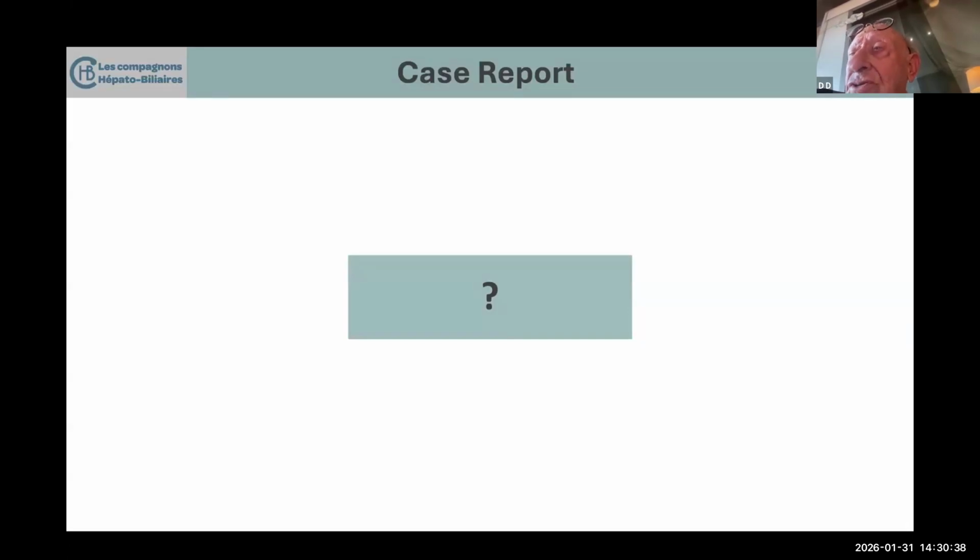Is jejunal, the ileal carcinoid tumor with liver metastasis. This is what you think? Yes. Plus, of course, as usual in this endocrine tumor, an impact on the heart.